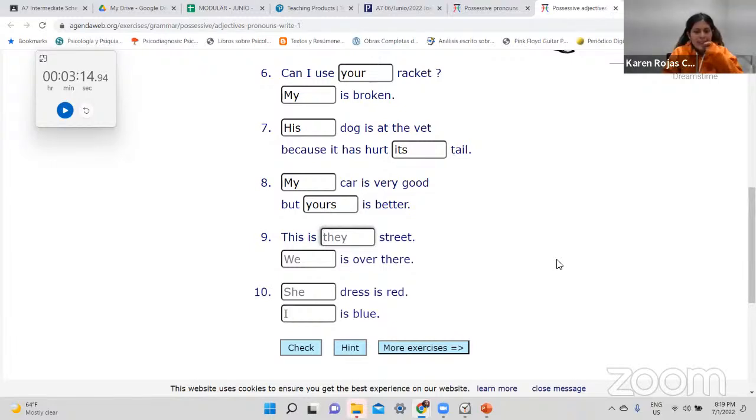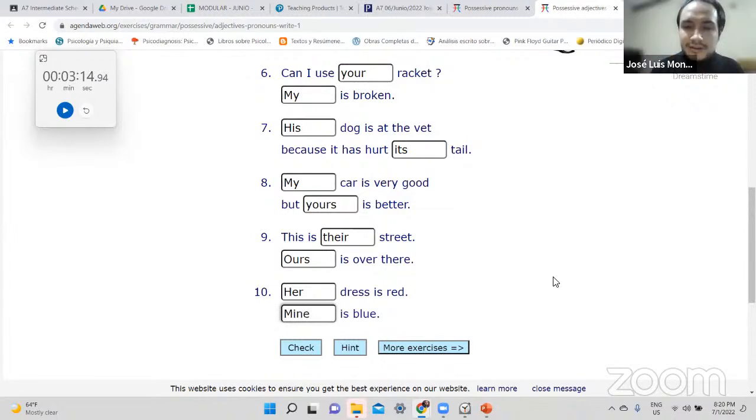This. Their. All right, the next one. What about the next one? Ours. The next one? Her. All right. And the last one, please. Mine.